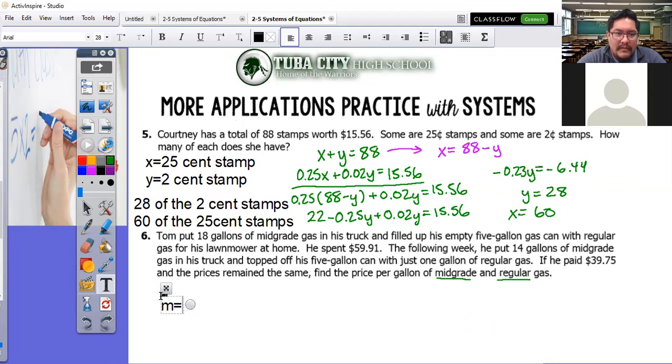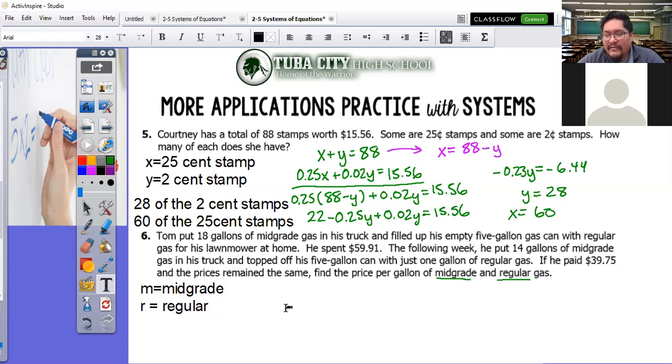I was looking at truck and lawnmower, so I was already assigning the values T and L. And then R is regular gas. So M for mid-grade and R for regular. Those are the two variables we're looking for.